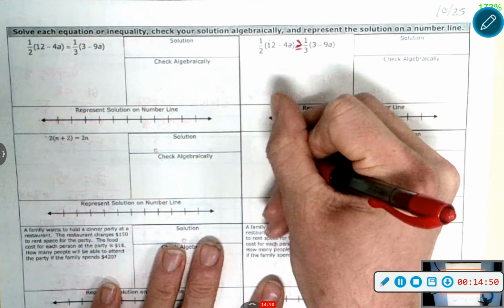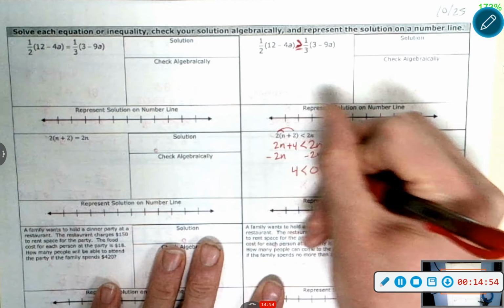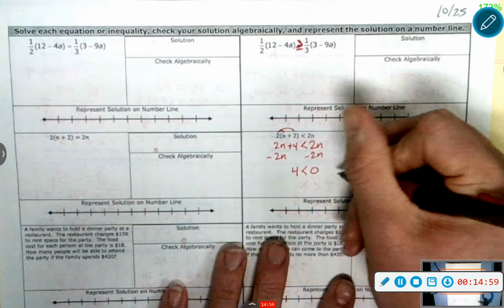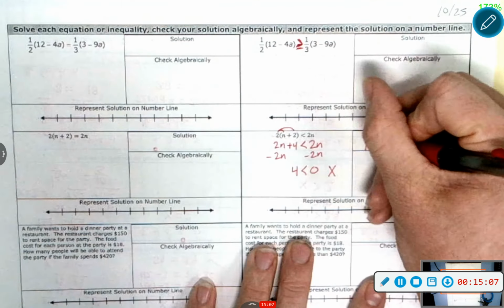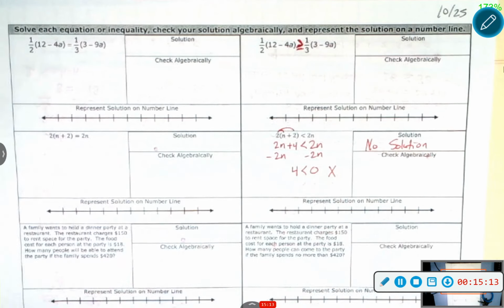You'll notice when the variables cancel out this time, you get a false statement. So again, anytime you get a false statement as your final instance of solving an inequality or equation, you have no solution to that inequality. So there is no solution to this inequality.